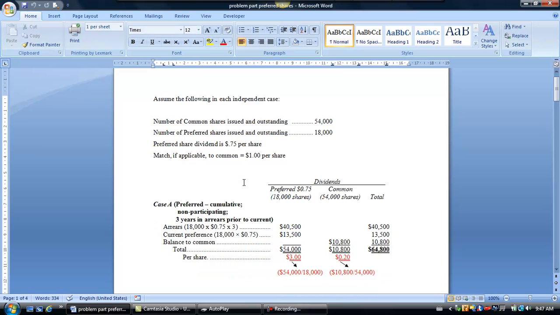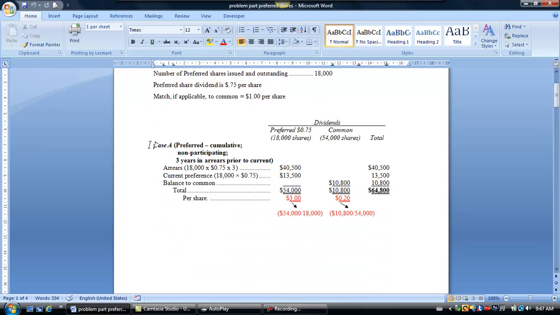So now let's look at the first situation, case A, where we have preferreds that are cumulative, non-participating, and in arrears for 3 years prior to the current year. If we set up a little schedule to determine how much each type of shareholder is going to get, we can see that in 3 years prior we had 18,000 shares issued and outstanding.